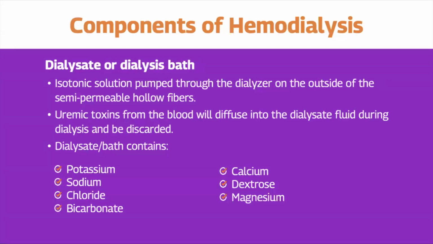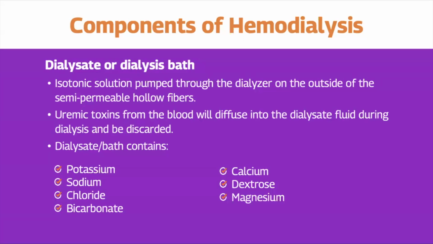So the dialysate, or dialysis bath, is an isotonic solution pumped through the dialyzer on the outside of the semi-permeable hollow fibers. Uremic toxins from the blood will diffuse into the dialysate fluid during dialysis and be discarded. The dialysate bath contains potassium, sodium, chloride, bicarbonate, calcium, dextrose, and magnesium.